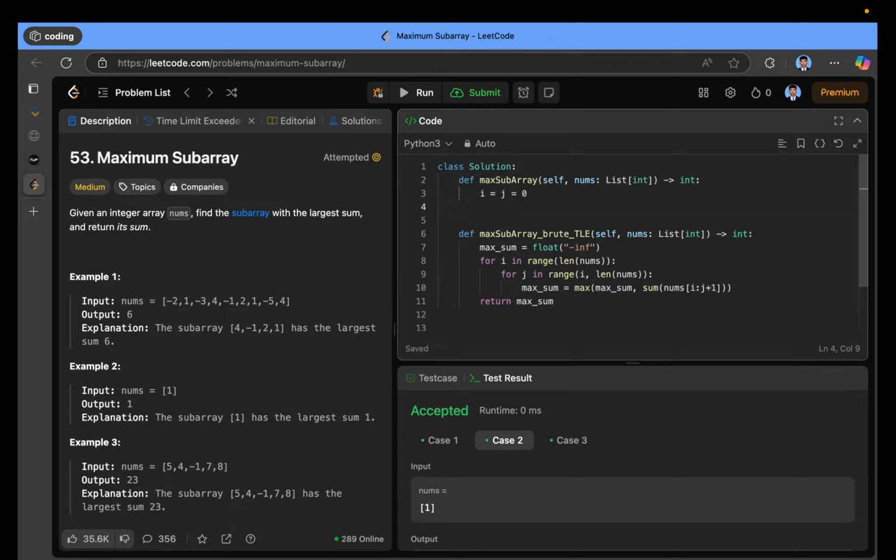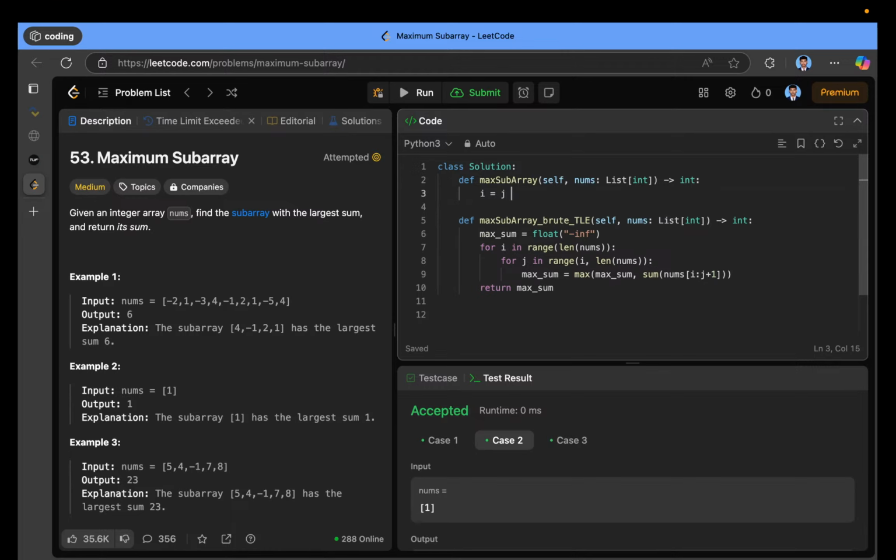Hmm, okay, let's make it a little bit easier. For i in range, I will make a pointer fluent so that I don't have to increment both pointers.